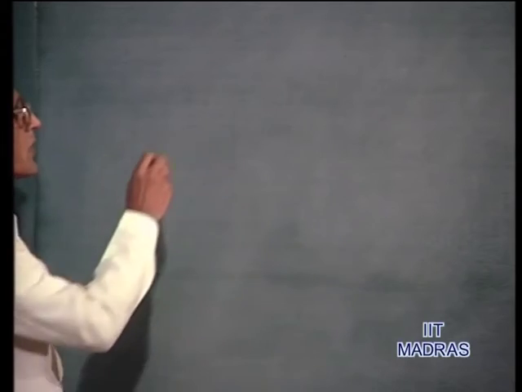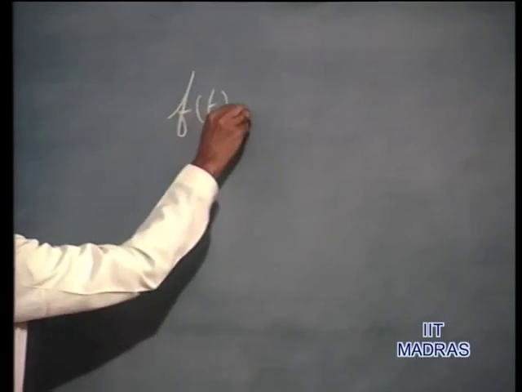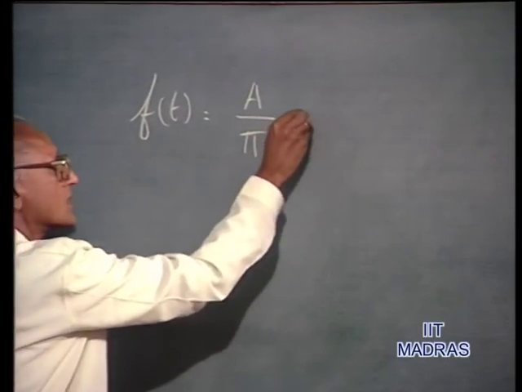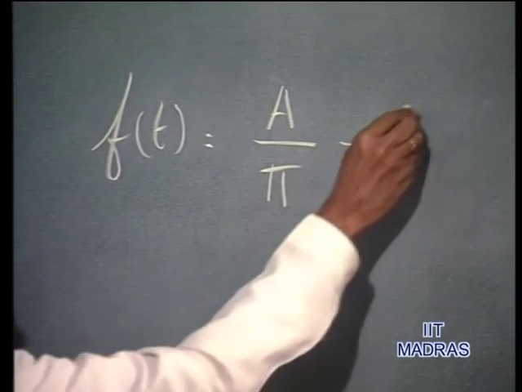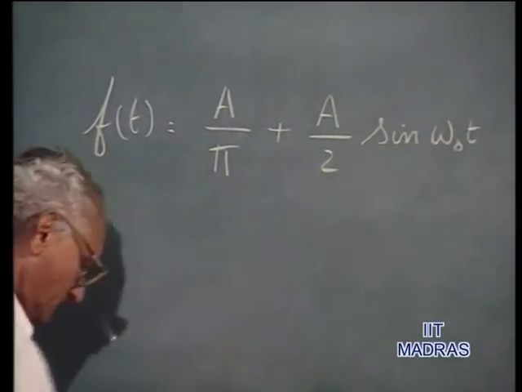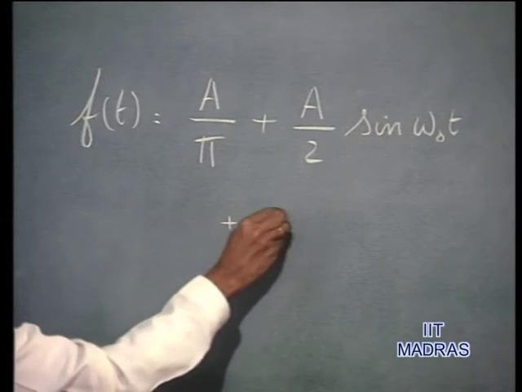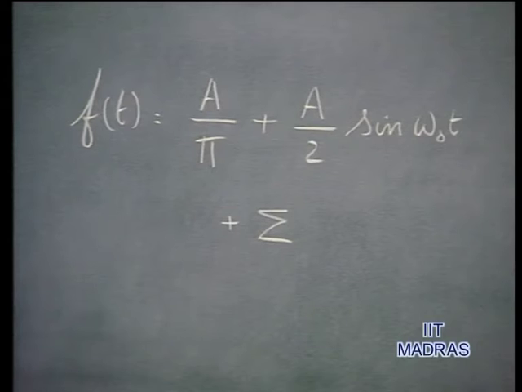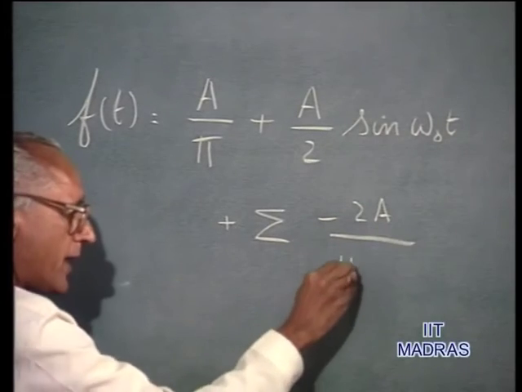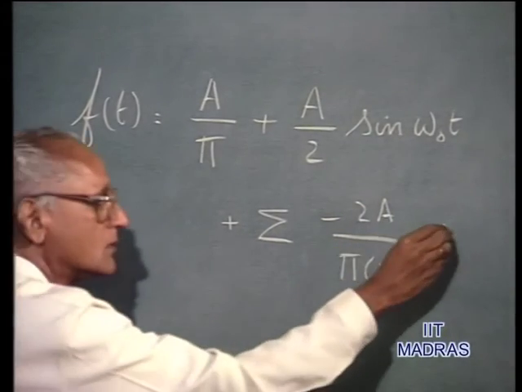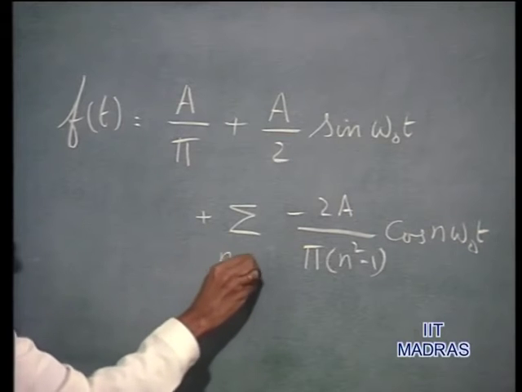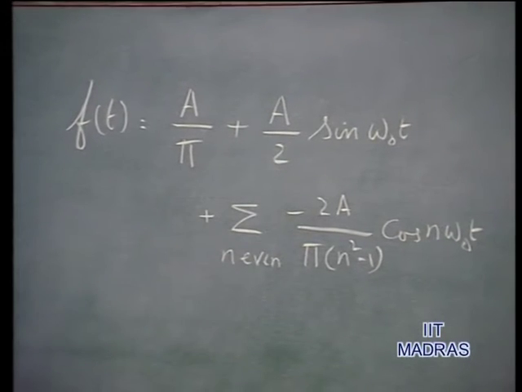So the Fourier series for this waveform would be f of t equals the DC term a upon pi plus the fundamental term which comes from the odd part, a upon 2 sine omega naught t, plus the remaining terms in the Fourier series expansion of the even part of the function, which will be minus 2a over pi times n squared minus 1, cos n omega naught t for n even starting from n equals 2 onwards.